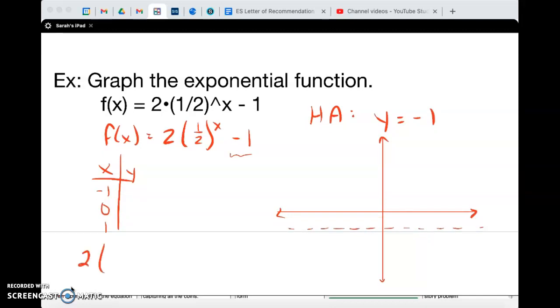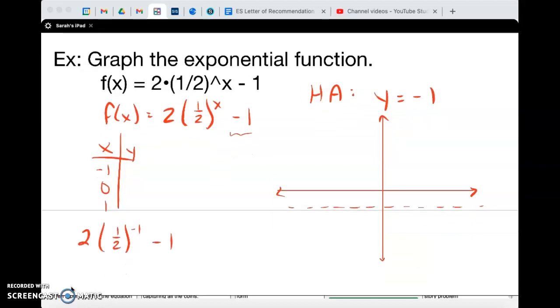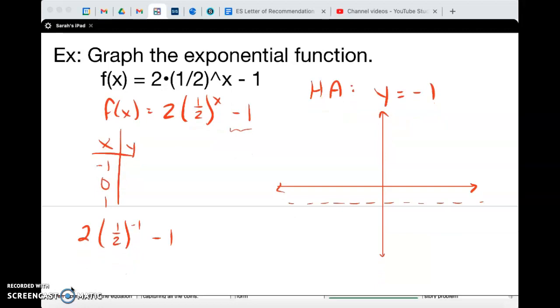So if I did -1, what is 1/2 to the negative first power? 2, if you flip it. So 2 times 2 minus 1 is 3. So -1, 3. If I plug in 0, what would I get out?